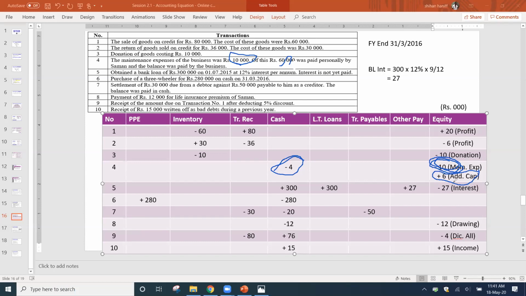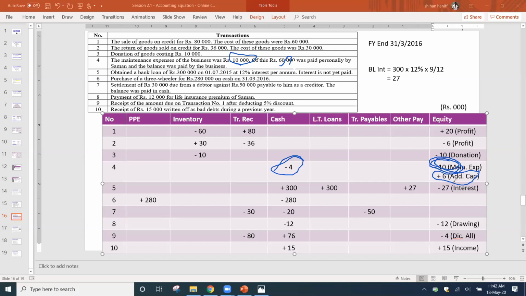There can be some other transaction which might say the debtors have directly paid to the owner, not to the business. So the owner takes that money. Then that will be considered as drawings.